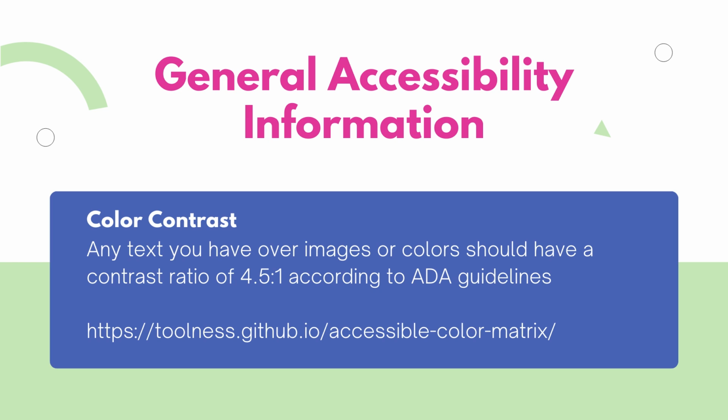Any text you have over images or colors should have a contrast ratio of 4.5 to 1, and this is set out by the ADA guidelines. Luckily for us, there are some great websites that help you determine when this is happening because it can be hard to tell on your own. One of which I'll show you now.